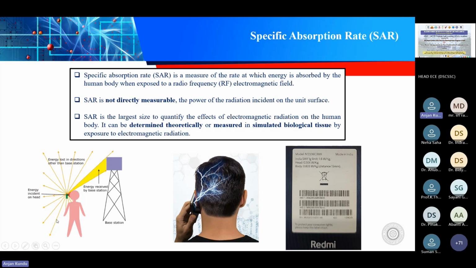So in India, the SAR 1 gram limit of 1.6 watt per kg means a maximum of 1.6 watt per kg can be exchanged through a mobile. Every mobile has to obey this limit. If it crosses beyond that limit, that mobile will be banned by the Indian telecommunication authority.